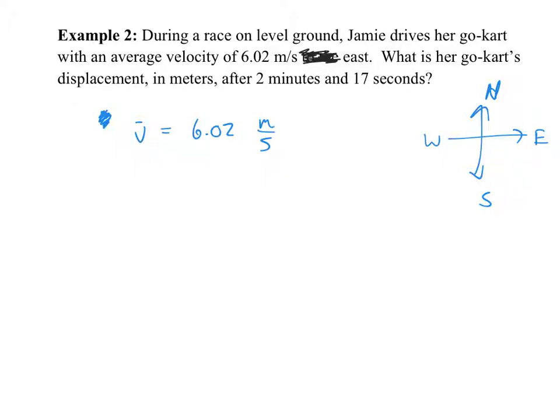And east is to the right, and we said that to the right is positive, and to the left is negative. So if I'm running this way, I make a positive displacement because I have positive velocity. If I'm running this way, I'm running with a negative velocity, so I'm making a negative displacement. So the direction matters for these. So I can put positive 6.02.